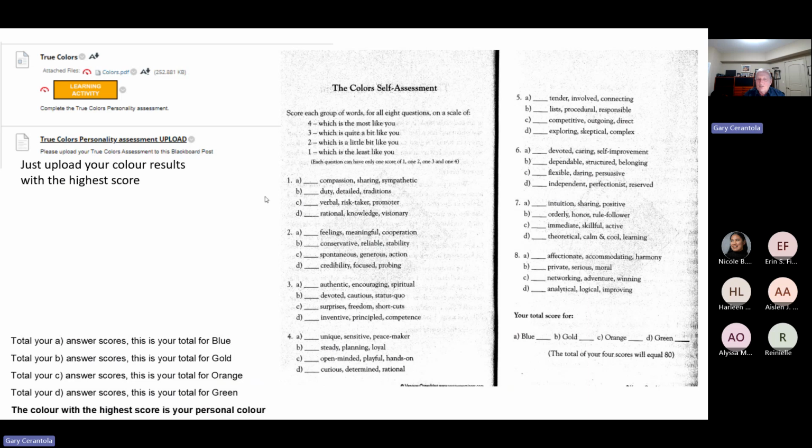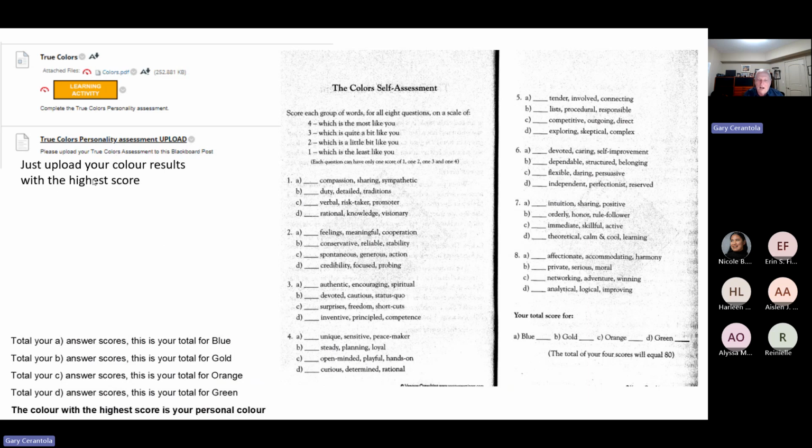Okay. So here's this True Colors piece. What I'd like you to do is answer each question, and then add up all the A's, all the B's, all the C's and all the D's. The total of the four equals 80, and that score will give you a sense of where you are in that True Colors personality assessment.